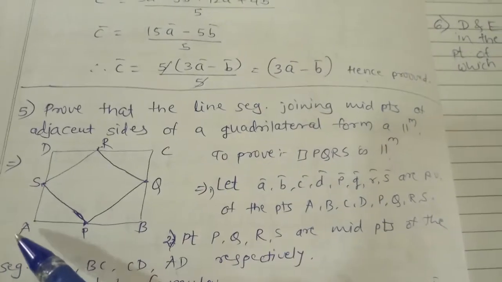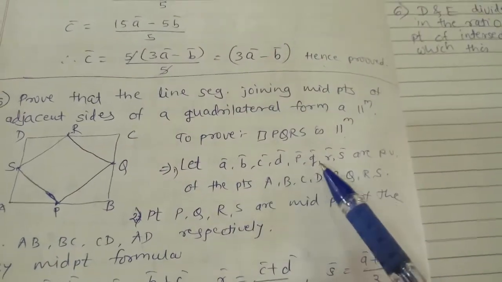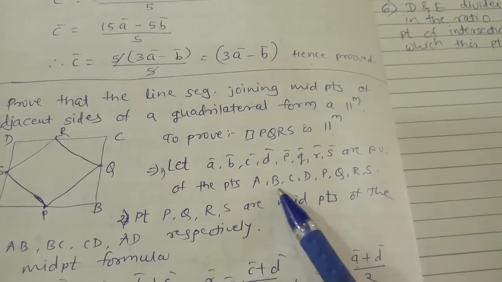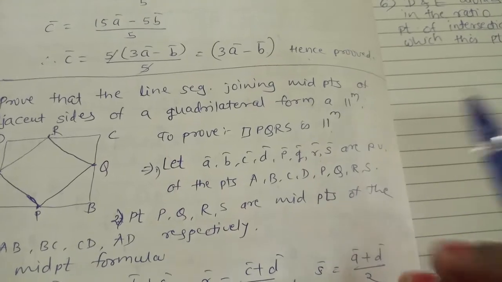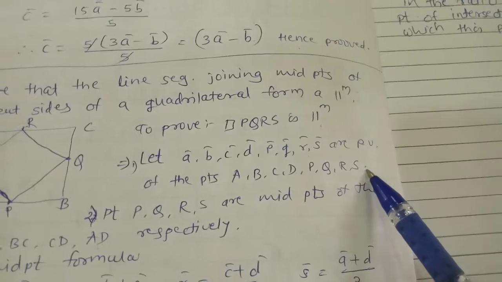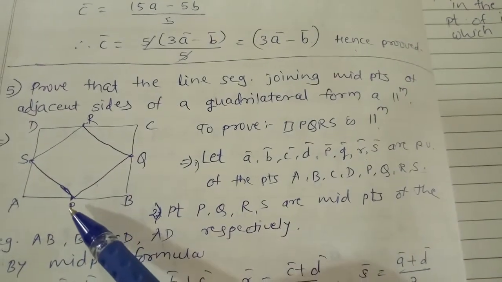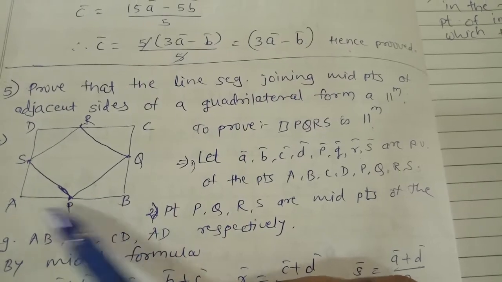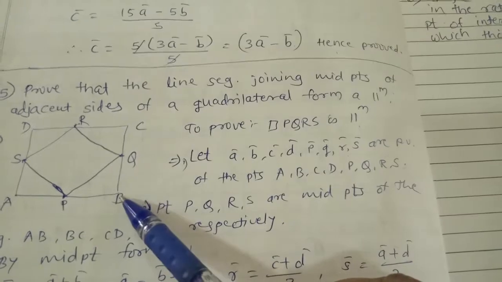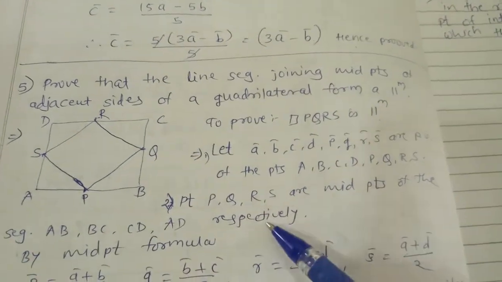So here a bar, b bar, c bar, d bar, see the small letters, and p bar, q bar, r bar, s bar are the position vectors of the points A, B, C, D, P, Q, R, S. So all these small letters represent the position vectors of these capital-letter points. Next, I already told you that P, Q, R, S are the midpoints of the segments AB, BC, CD and AD respectively.